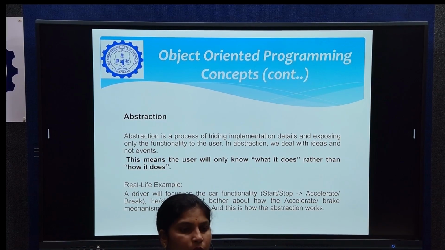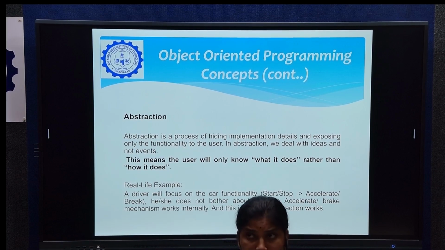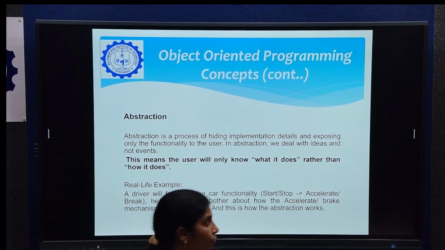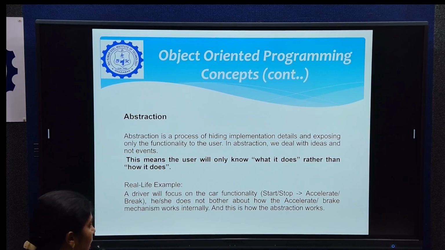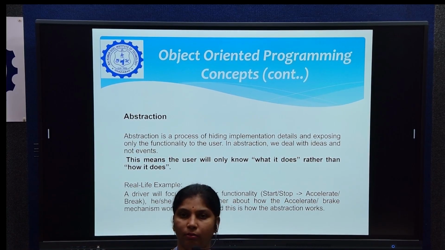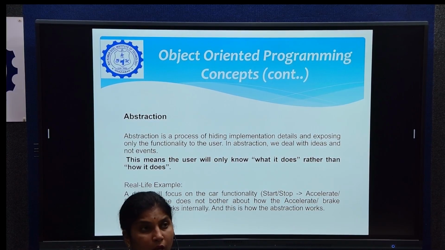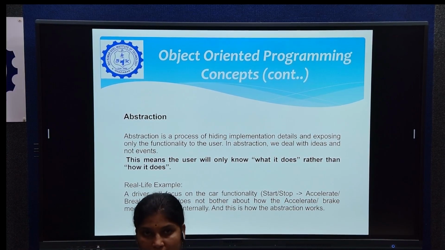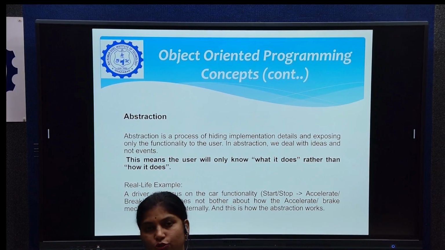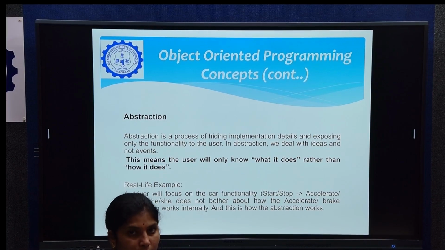If I explain with a real world example, let's take an example of abstraction. Suppose a driver is there, maybe a car driver, maybe a truck driver, or anyone. He starts the vehicle, he stops the vehicle, he applies the brake, he accelerates the speed.